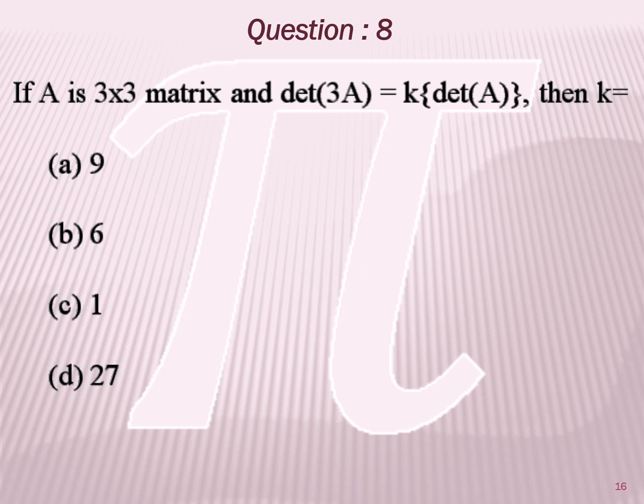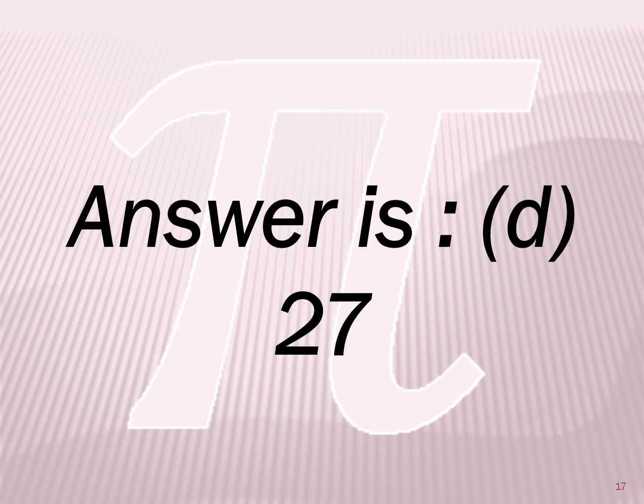Option A, 9, option B, 6, option C, 1, option D, 27, and you have 10 seconds to solve this question. And the answer is option D, that is 27.